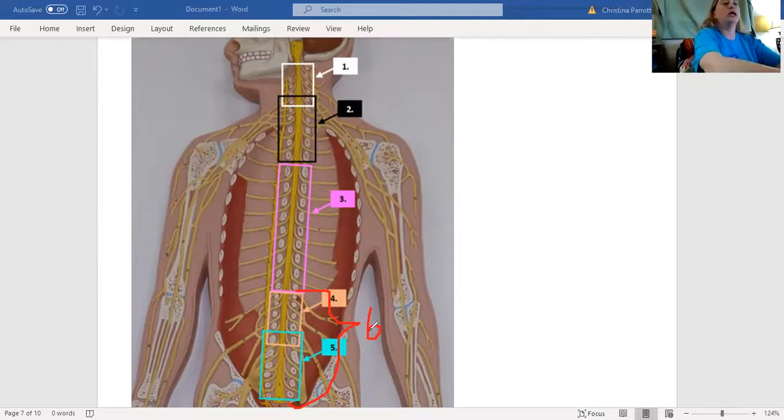So again, 1 here would be your cervical plexus. 2 would be your brachial plexus. 3 would be your thoracic nerves. 4 would be your lumbar plexus, and 5 would be your sacral plexus. And then 4 and 5 together in one group would be your lumbosacral plexus.